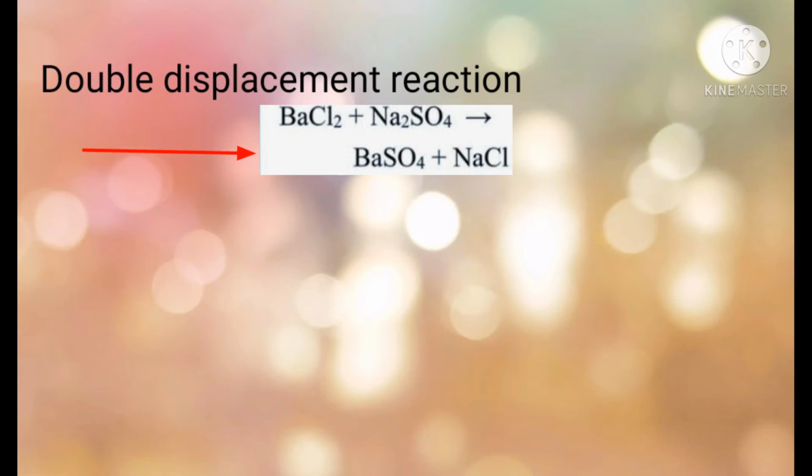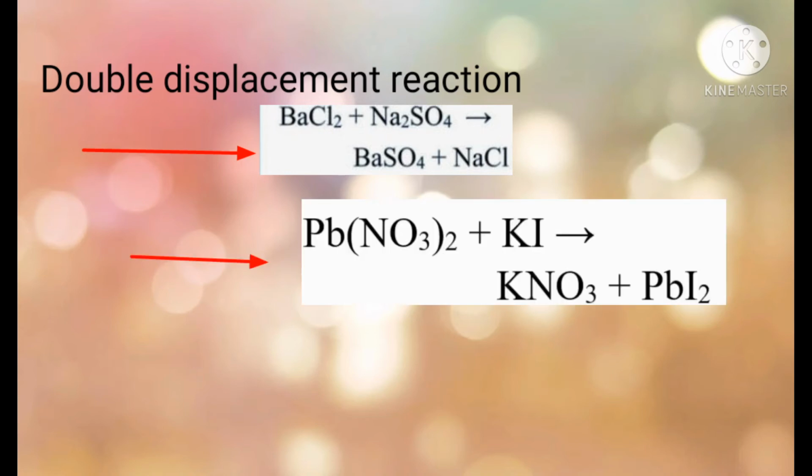In sodium sulfate, sodium is a metal radical. In barium chloride, barium is a metal radical. These two metal radicals exchange themselves. In sodium's place you write barium, and in barium's place you write sodium. That's all; this is exchanging of radicals. In this way you get barium sulfate and sodium chloride. Here barium sulfate is a white precipitate, so this reaction is called a precipitation reaction. A precipitation reaction can also be called a double displacement reaction.